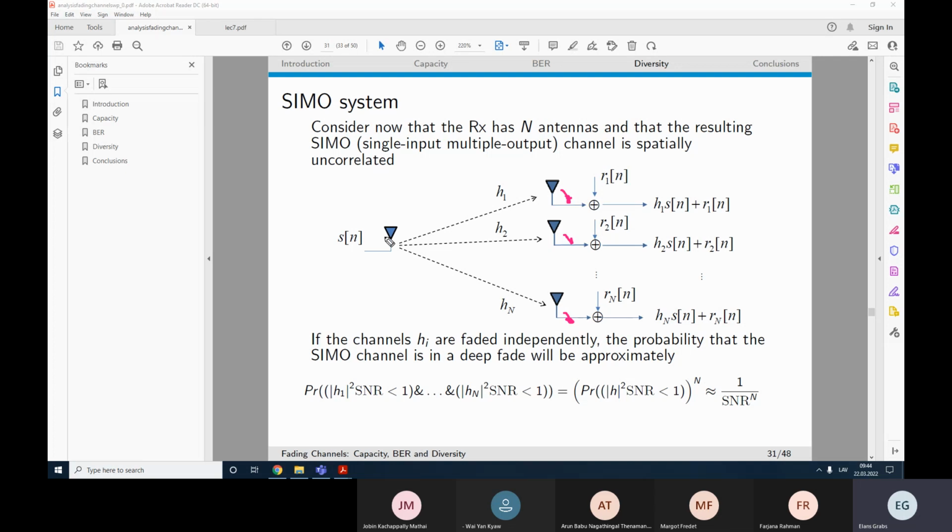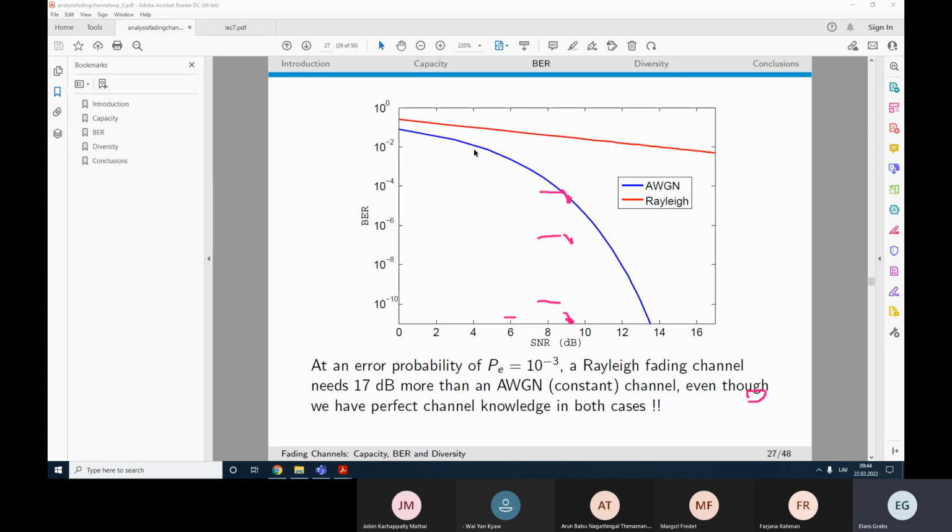So we have one transmitted antenna, and we have one antenna here, one antenna here, one antenna here, multiple antennas. So using multiple antennas, we can actually improve this diversity exactly by the number of the antennas. So we have n antennas, and we are going to get much better slope of that line than this plot.